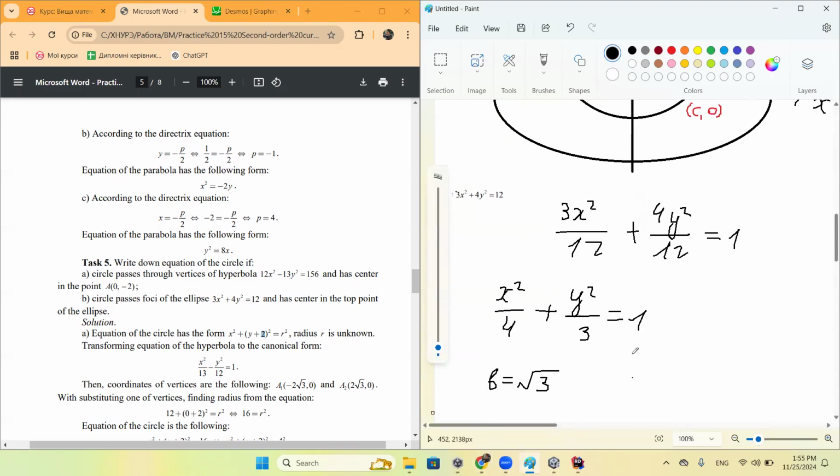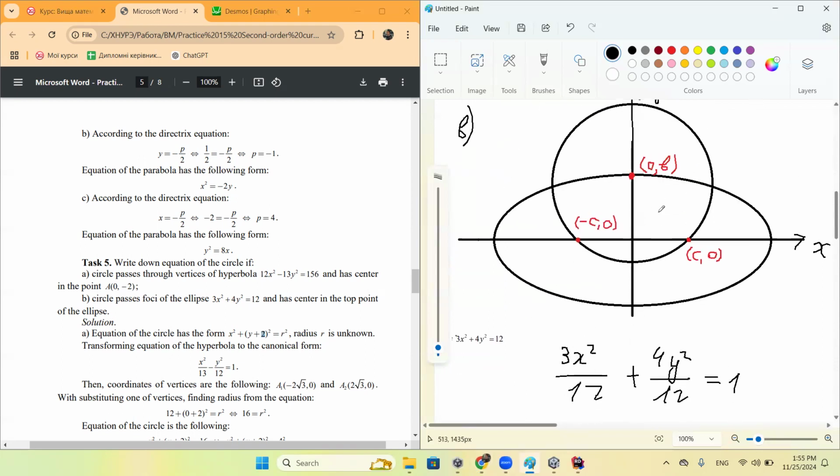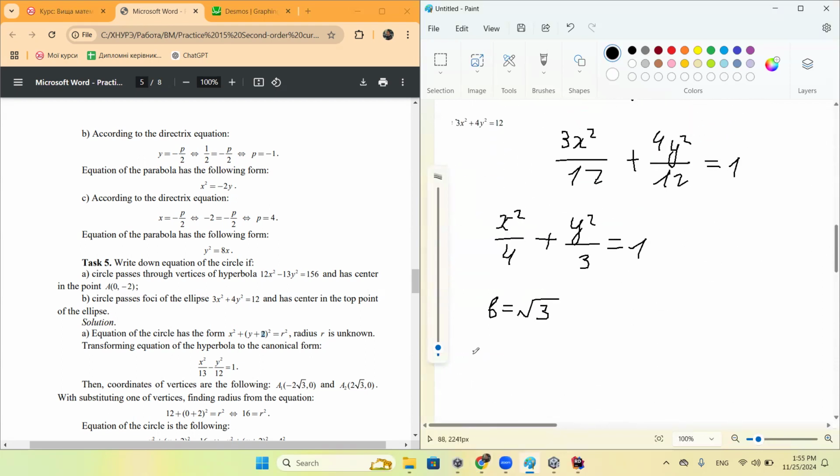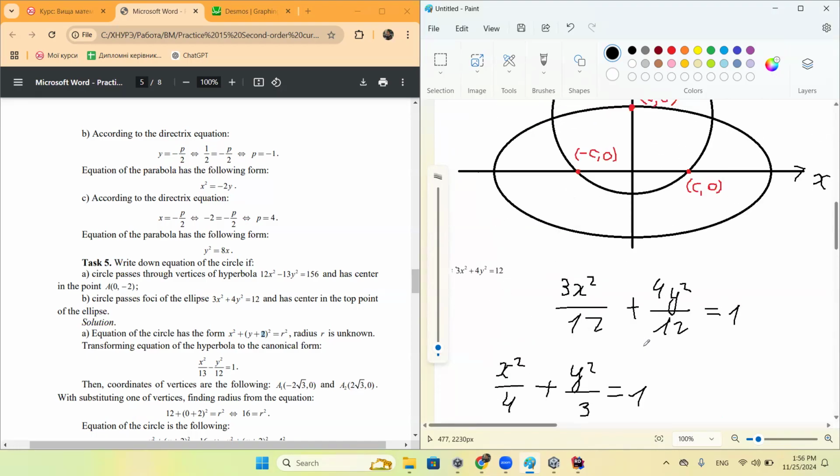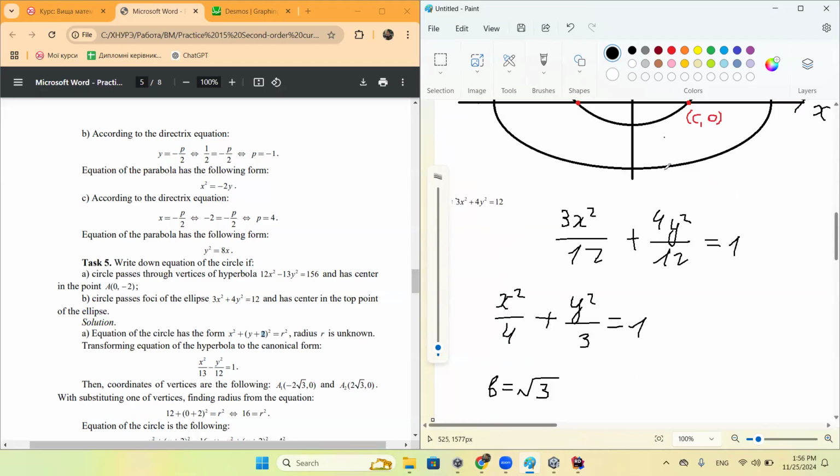So we found the center. So the equation will be the following: x in power of 2 plus y minus square root of 3 in power of 2 equals r2. So we need to find only this value. So let's find the foci. Let's find c, by the way.